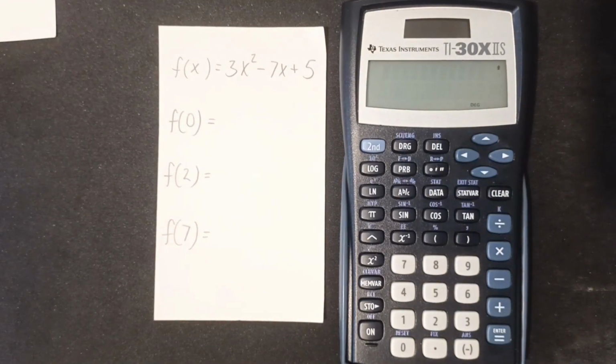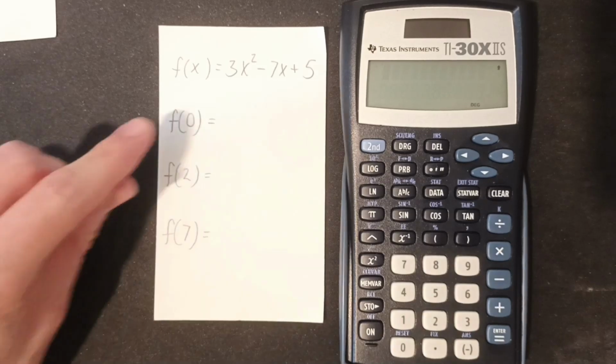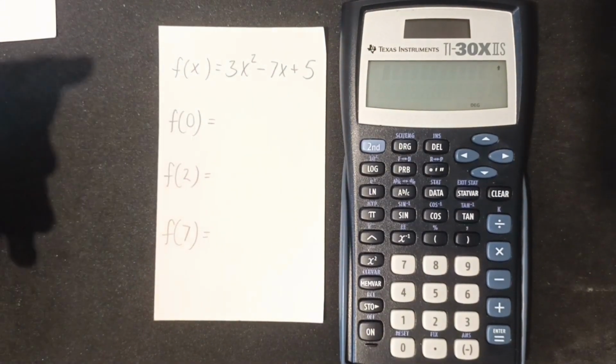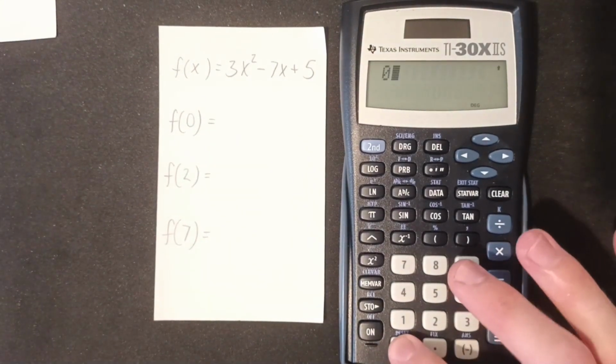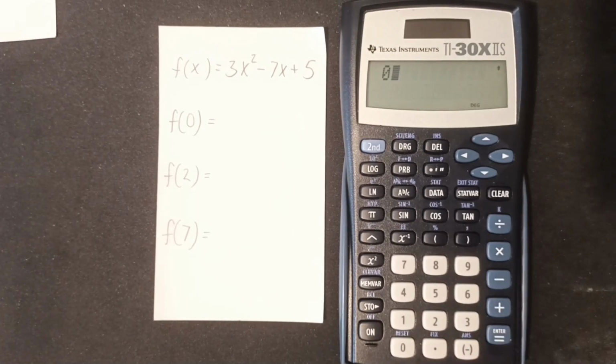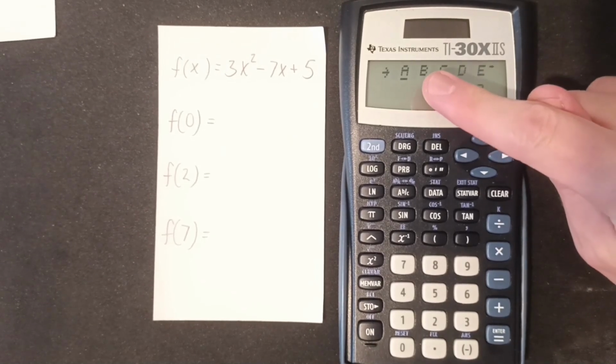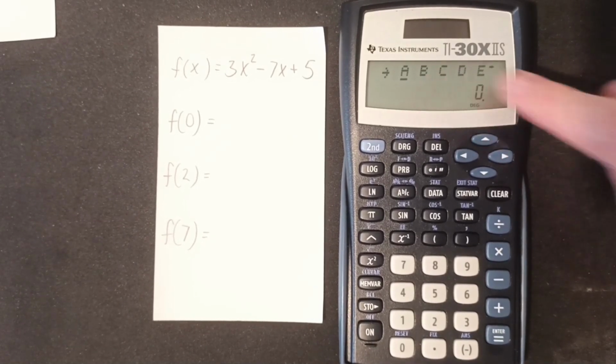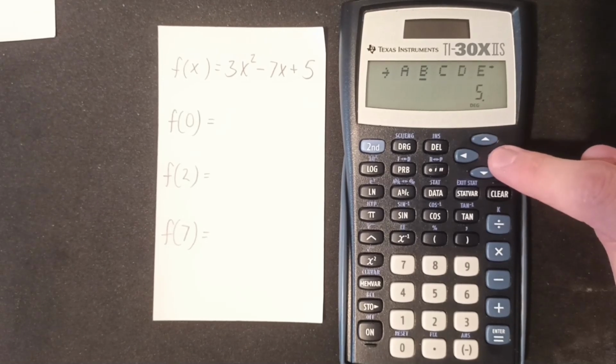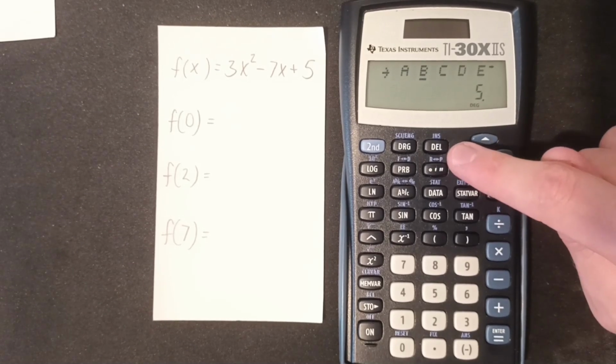So first of all, we're going to store our first value 0 in A. So let's go ahead and type 0. Okay, now we want to hit the store button. Hit the store button and you can see that A is already underlined. If you underline the other variables, you can access those as well.